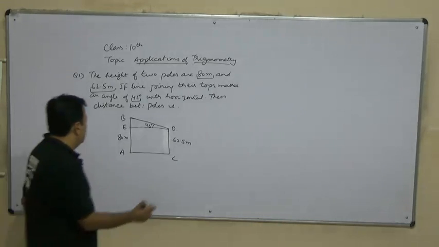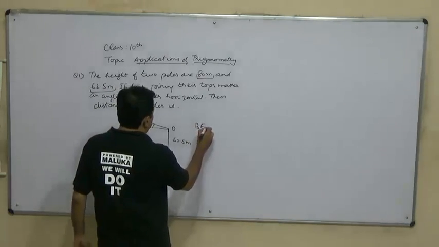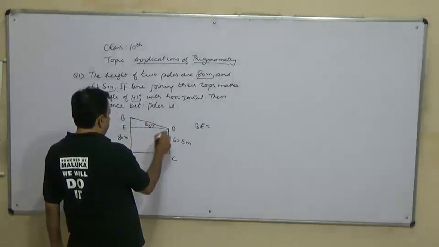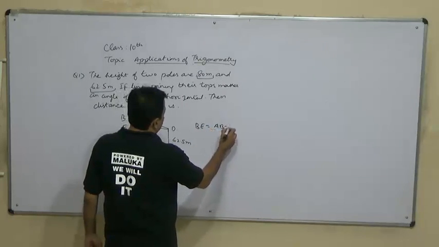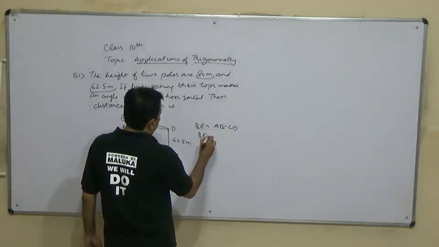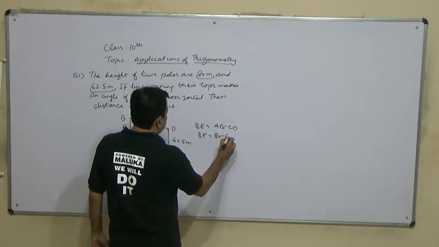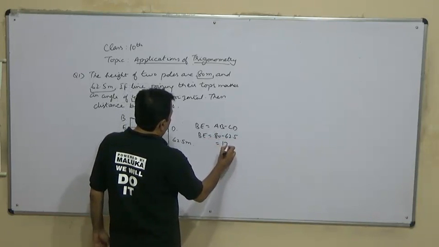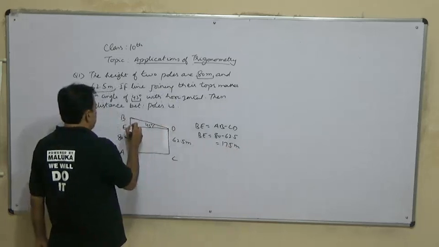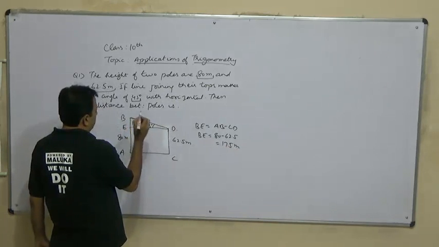BE is AB minus CD, so BE is equal to 80 minus 62.5, which is 17.5 meter.